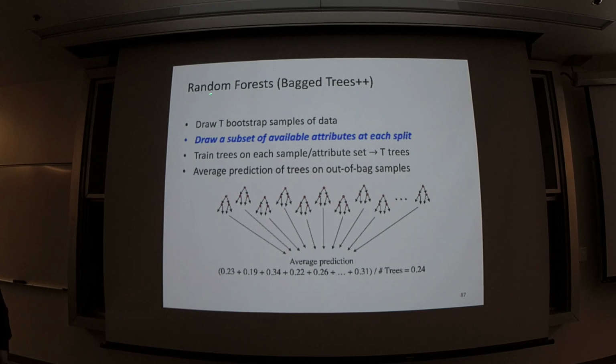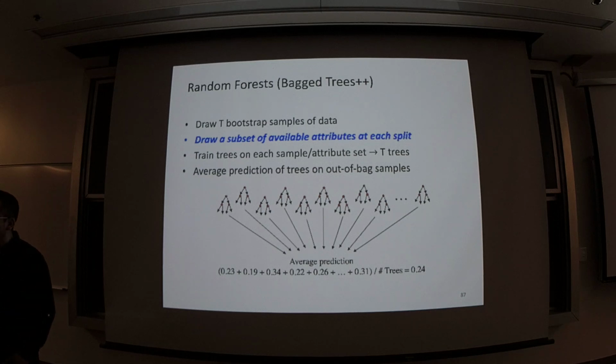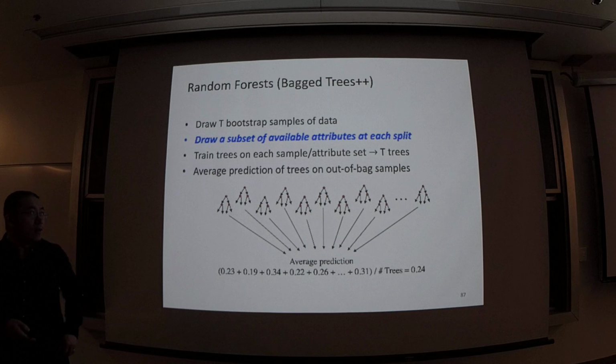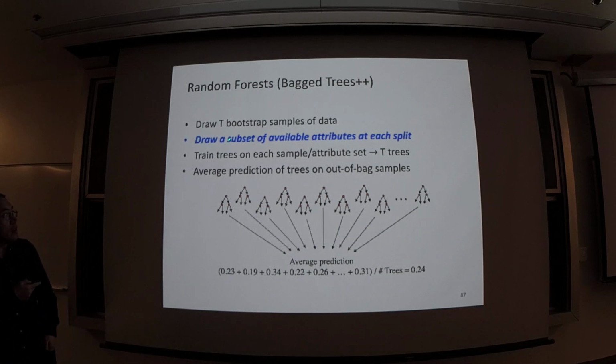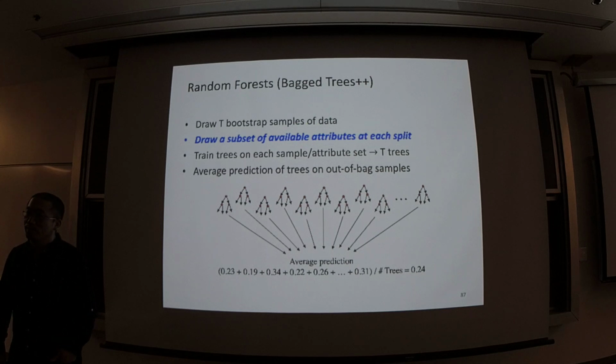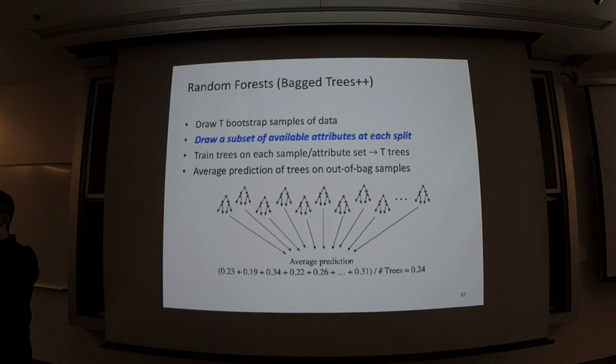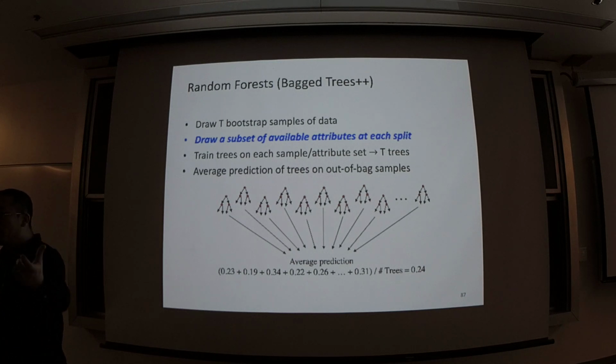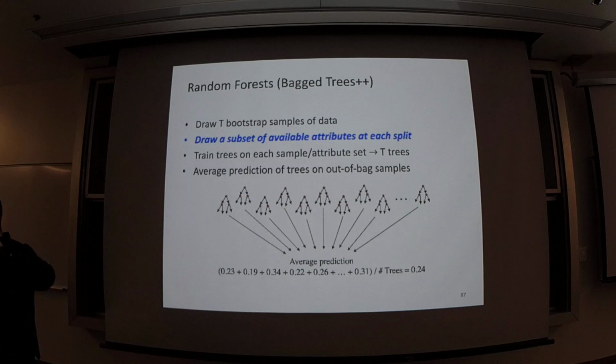So the biggest difference between the random forest and bagged trees, I mean the vanilla bagged trees, is that in addition to drawing a bootstrap sample of the data, I'm also drawing a subset of available attributes at each split. That means during the construction of each tree, I'm trying to avoid the tree nodes having overlapping features as much as possible.